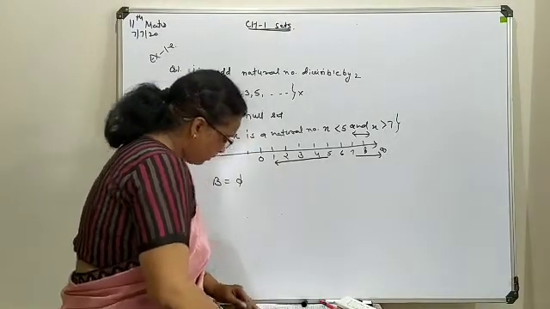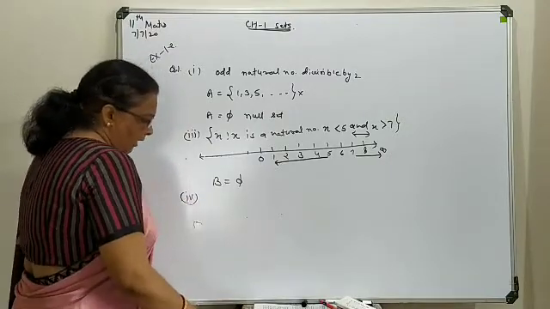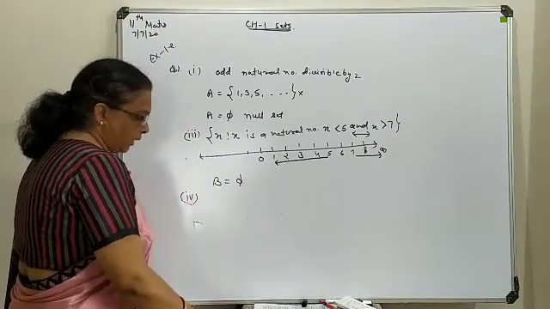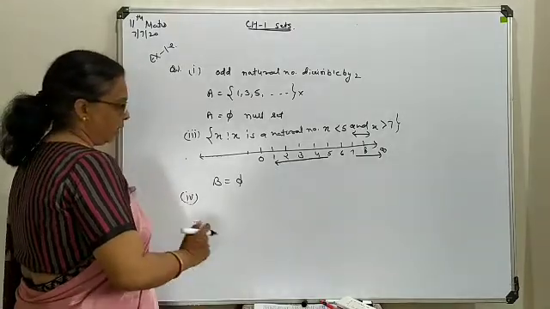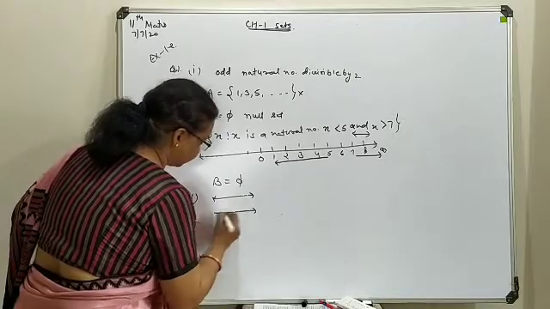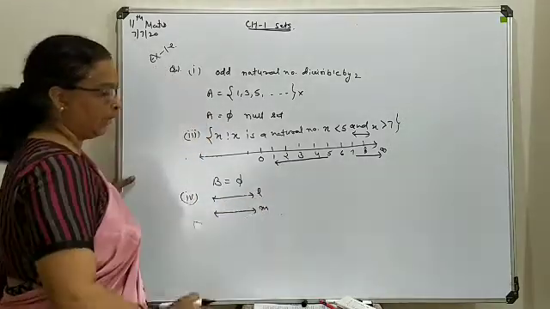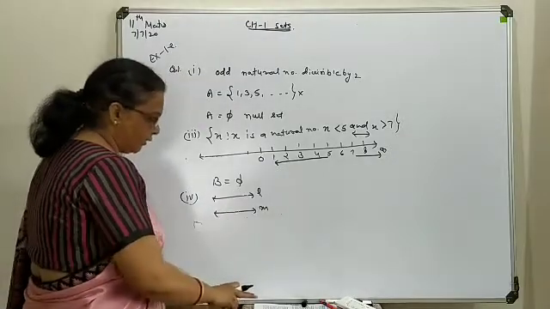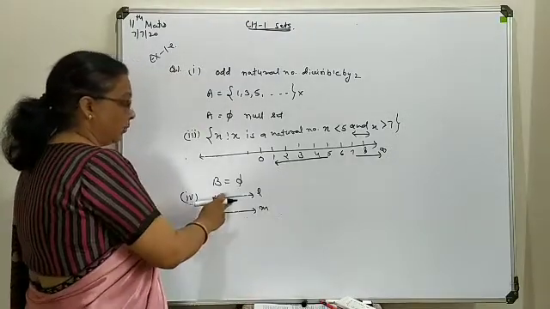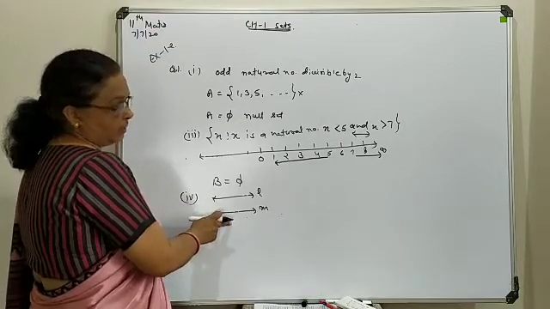Now next we are going to write the fourth one, in which Y is a point common to any two parallel lines. We know the meaning of parallel lines, which never meet. These are the two parallel lines L and M. So here we have to find out whether a common point between any two parallel lines can be defined.